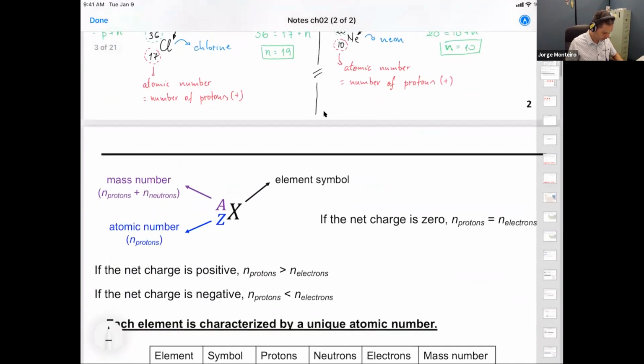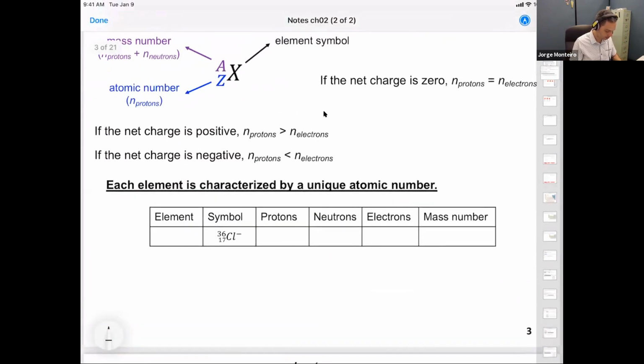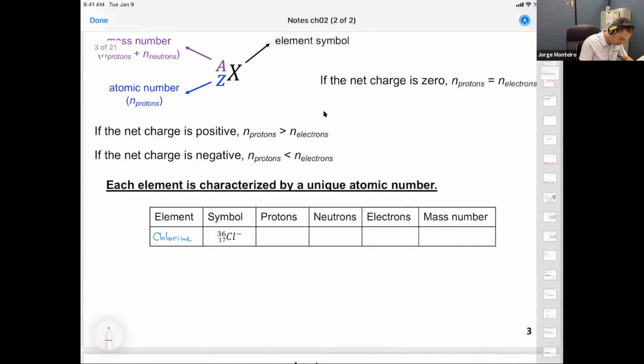And so let's tackle the final example. Now the biggest difference here is charge. So I'm going to move a little faster here. Cl stands for chlorine. Number of protons is the atomic number, or the number on the bottom left corner. So it's still 17, okay?